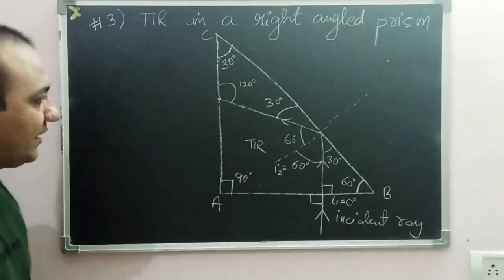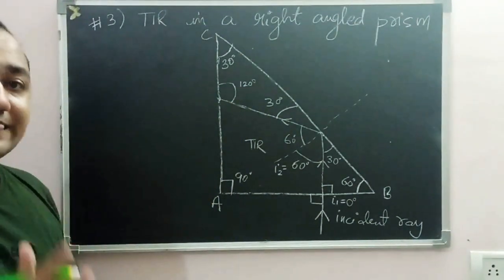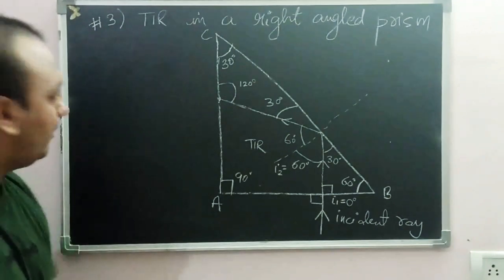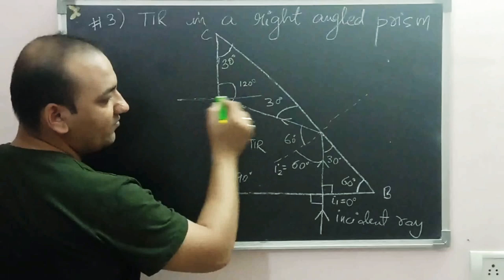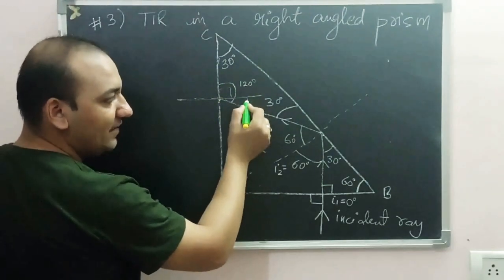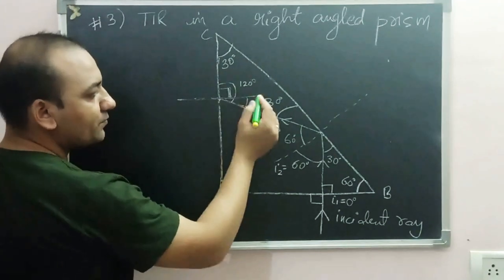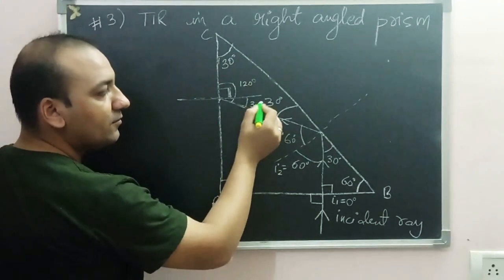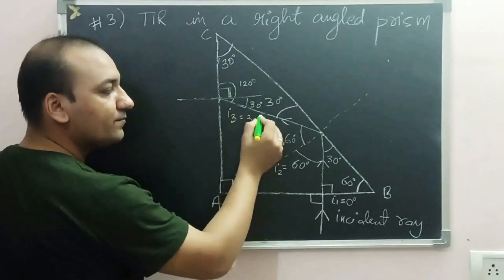Let's talk about I3. But for finding our angle of incidence, we need one thing. That is, yes, you're right, that is the normal. So we draw the normal over here, perpendicular to the surface. And since this is 90, this angle is 120 minus 90, which is 30 degrees. So that means I3 is equal to 30 degree.